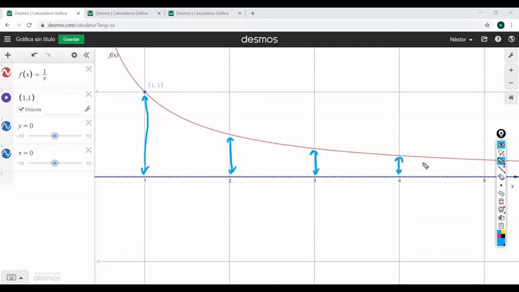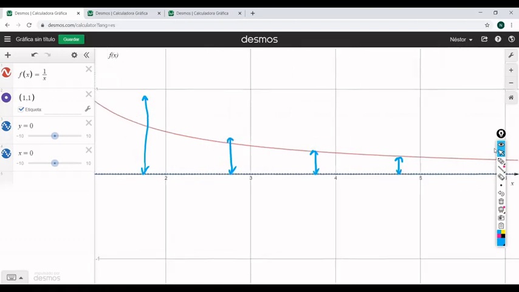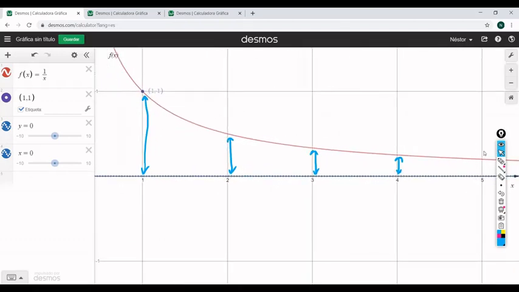They are decreasing and decreasing. They will never be 0. This red line that is representing my graph will never ever touch this horizontal line, which is the asymptote. Never. It doesn't matter how much you go towards infinity.